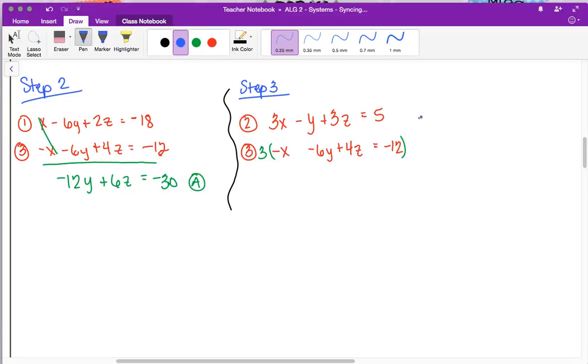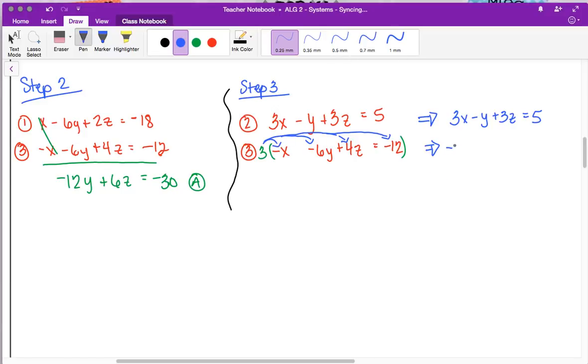So I'll rewrite equation 2 here, which is 3x minus y plus 3z is equal to 5. And I'll write my new equation 3 after I distribute a 3 to every term in this equation.